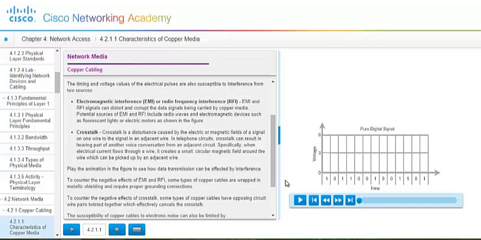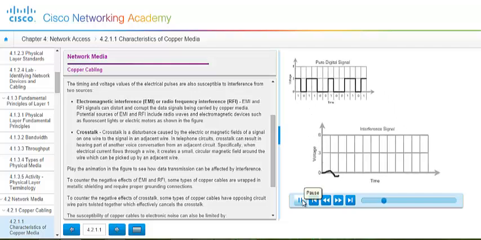I'm going to run the example here in the figure for you to see how the electromagnetic interference and the radio frequency interference can have that interference occur.